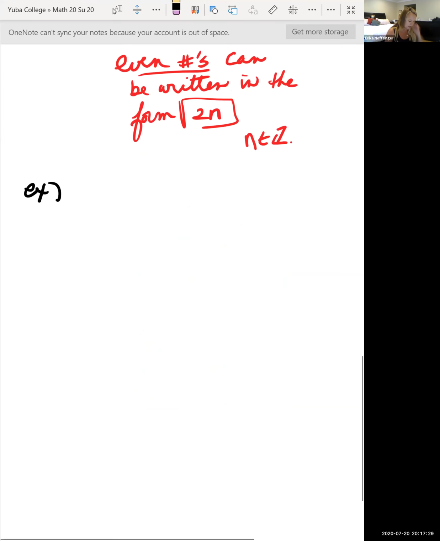So let's look at another example. So let's say that you have S of n is equal to, so the curly brackets represent sets. So it's a set of numbers, 4 over 3, and that is all raised to the nth power.